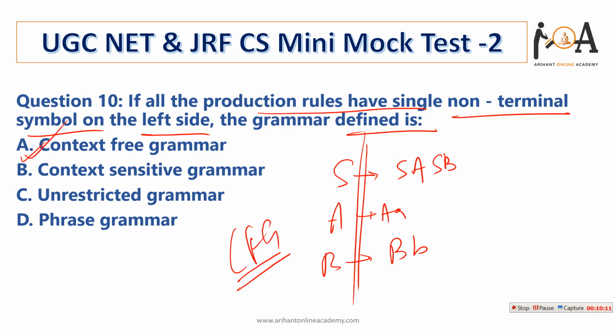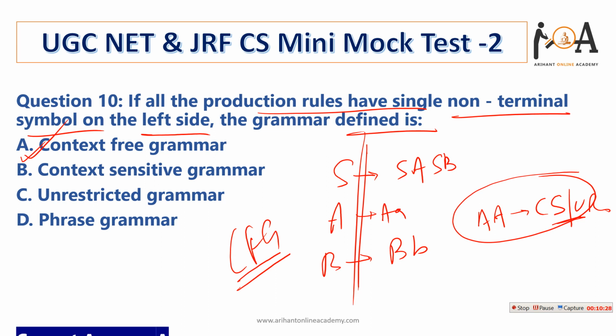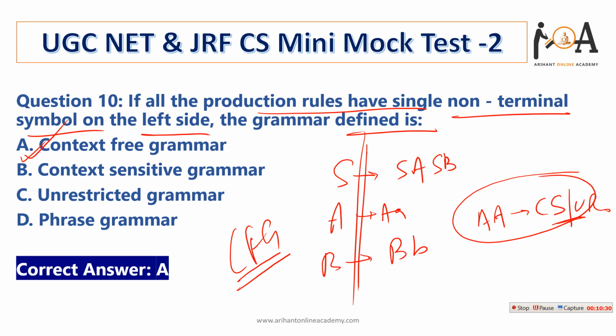But if more than one symbol is there on the left side, then it will go for either context sensitive or unrestricted grammar, depending on the right side production. But if the left side of the production has a single non-terminal, then it is definitely CFG, that is context free grammar.